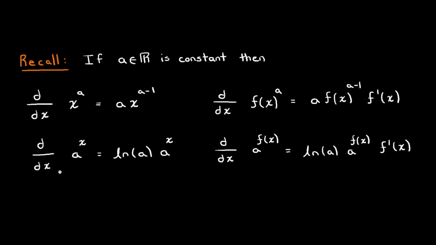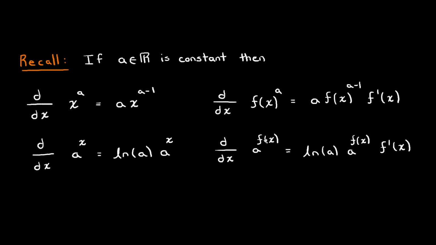In a similar manner, you can take the derivative of an exponential where the base happens to be constant but the variable is in the exponent. And in this case, the rule is you leave a to the power of x as is, but then you have to multiply by the natural logarithm of the base. And in a similar manner, we can generalize this, where instead of having just x in the exponent, we can have any function of x.